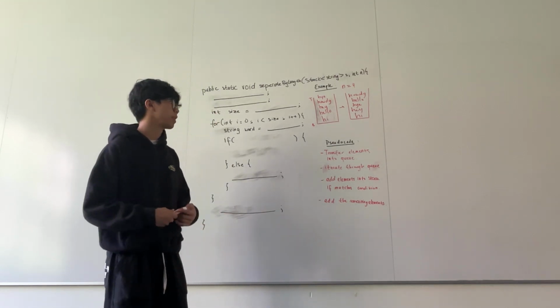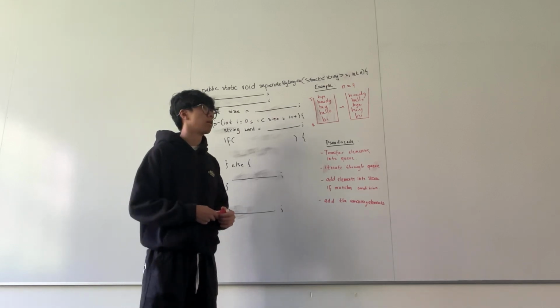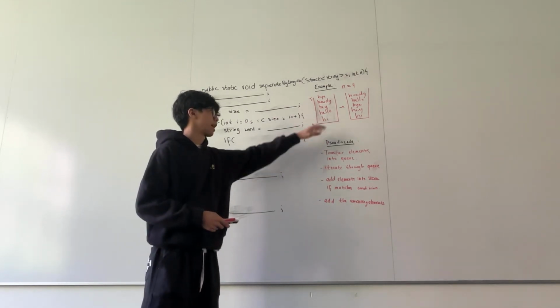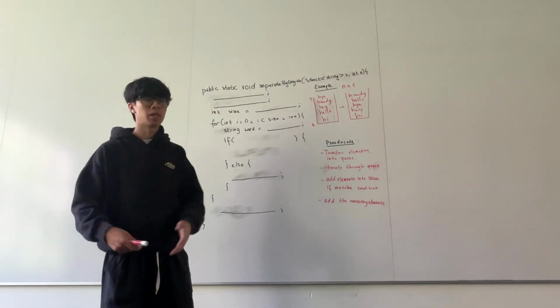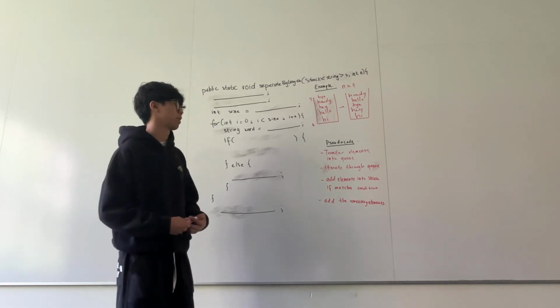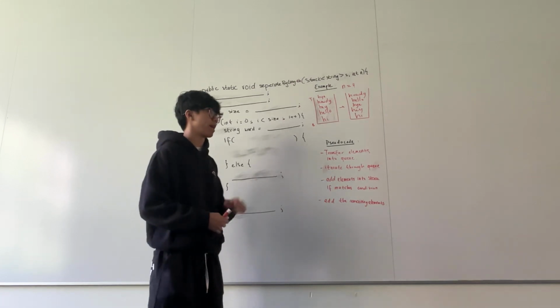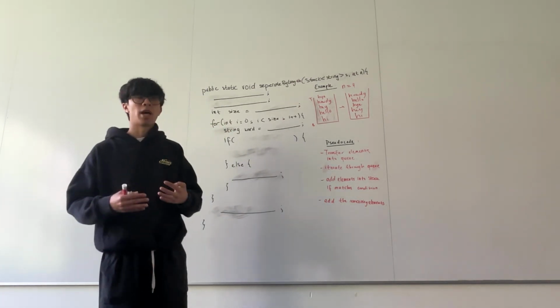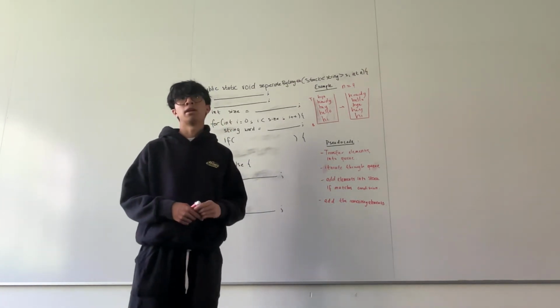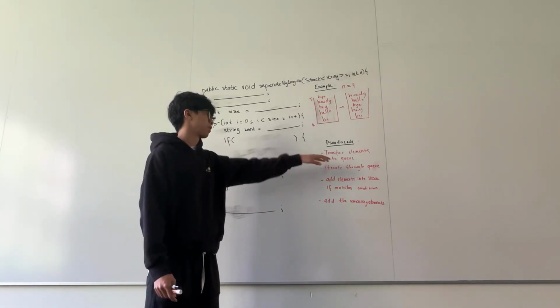Instead, we are given an auxiliary queue, so we should make use of this. We should transfer all the elements in the stack into the queue because it provides more flexibility because of the queue's first in, first out structure, where we're able to remove elements from the front of the queue and then add elements at the back of the queue. So transfer all the elements into the queue.